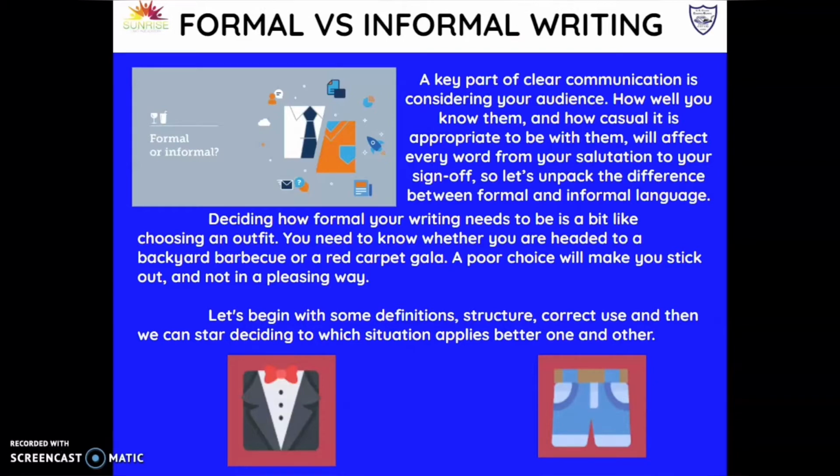Deciding what type of writing you need is like choosing an outfit. You need to know whether you're headed to a backyard barbecue or to a red carpet gala. A poor choice will make you stick out, and not in the most pleasant way, okay? So let's begin with the definitions, the structure, and the correct use of each of these types of writing.